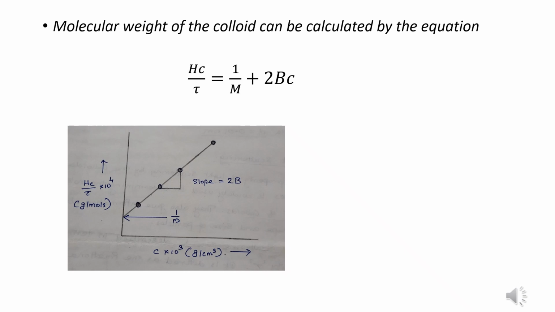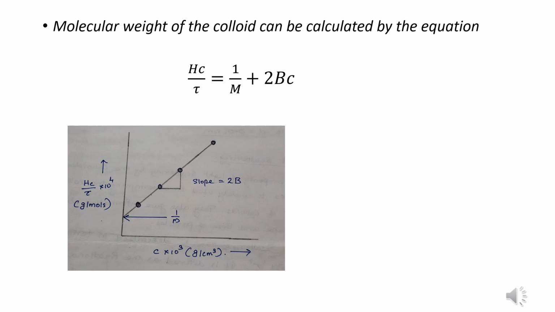This equation is used in light scattering studies of colloids, mainly to calculate the molecular weight of colloids, that is M. The molecular weight of the colloid is denoted as capital M. And the equation is Hc by tau is equal to 1 by M plus 2B c.